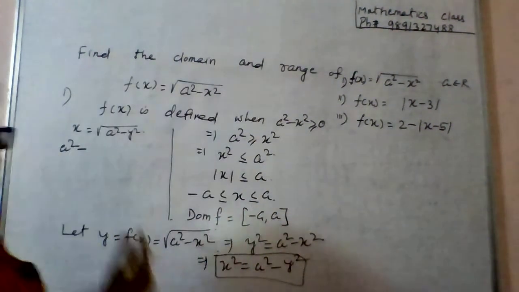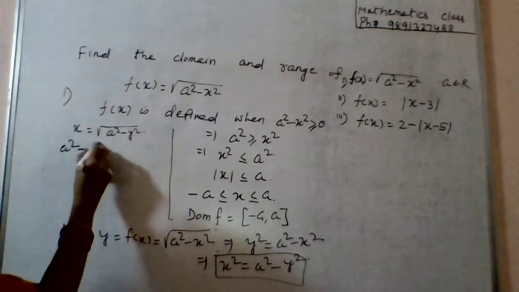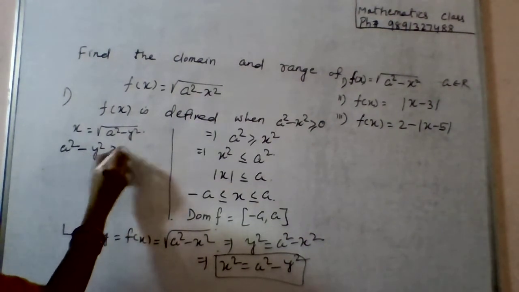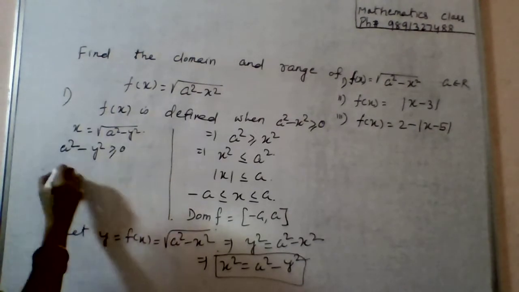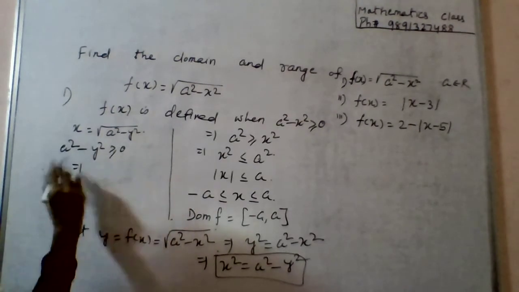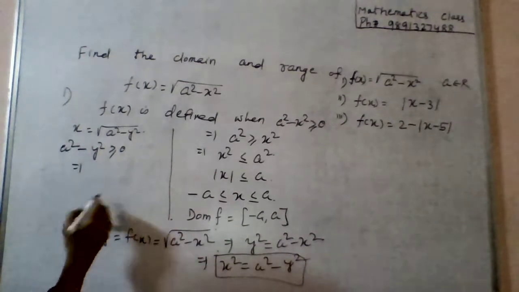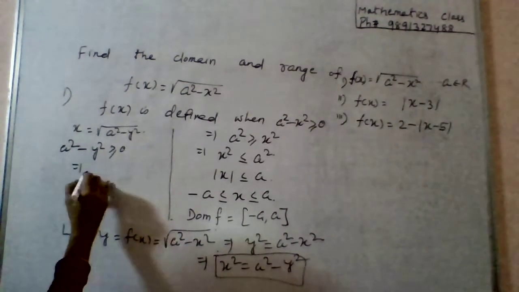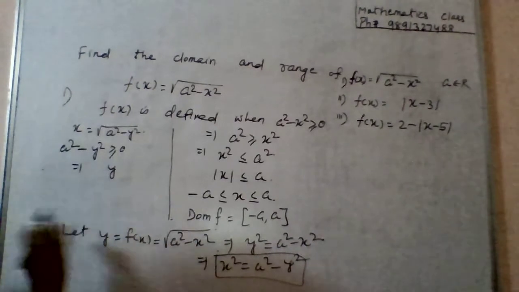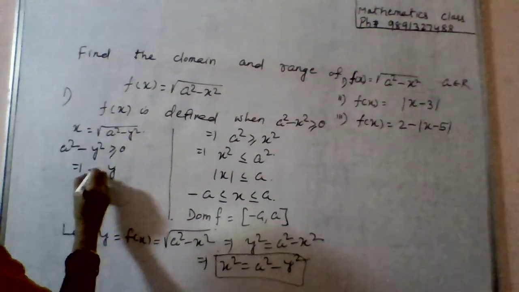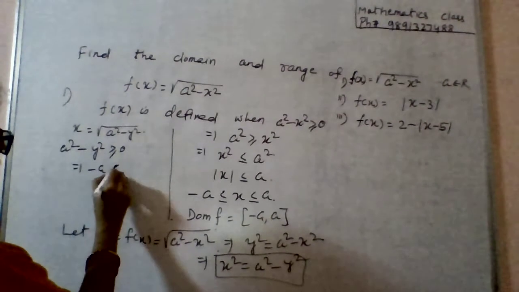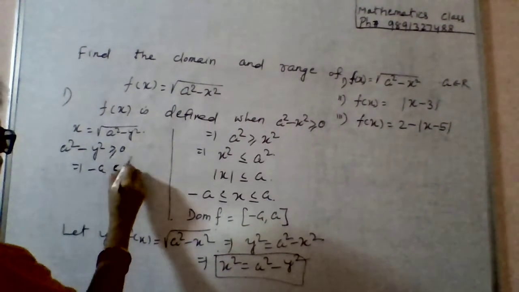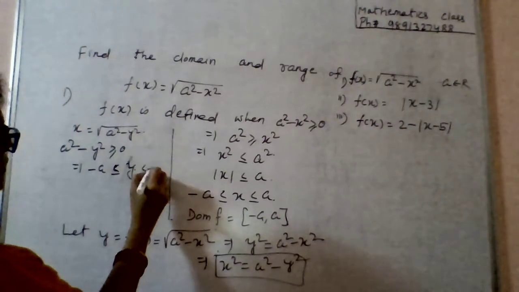A square minus y square is greater than or equal to 0, right? x is defined for this. So again, a similar step, you will be getting minus a less than or equal to y less than or equal to a.